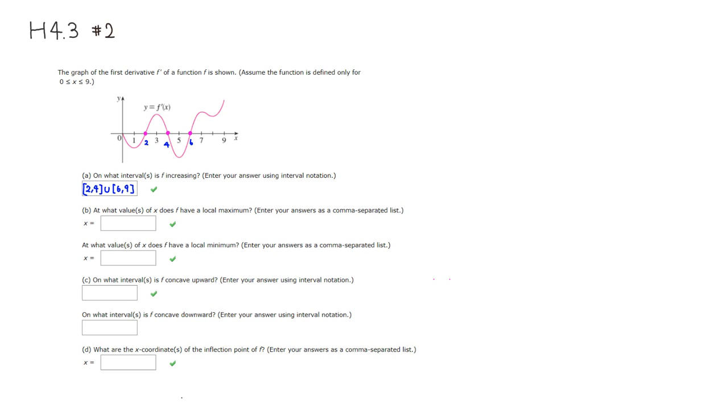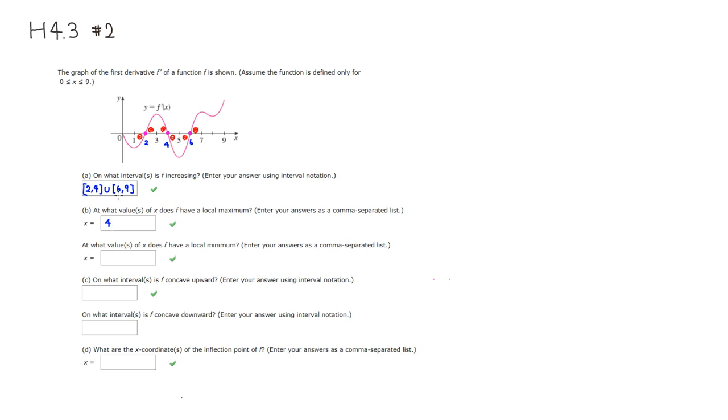If you look at the sign change at this critical number, the derivative is coming from below the x-axis to above, so it goes from negative to positive. That's going to be a local minimum there. And here it's changed from positive to negative, so at 4 you're going to have a local maximum. And the next one is again negative to positive, so it's going to be a local minimum there. That's the answer for part B.